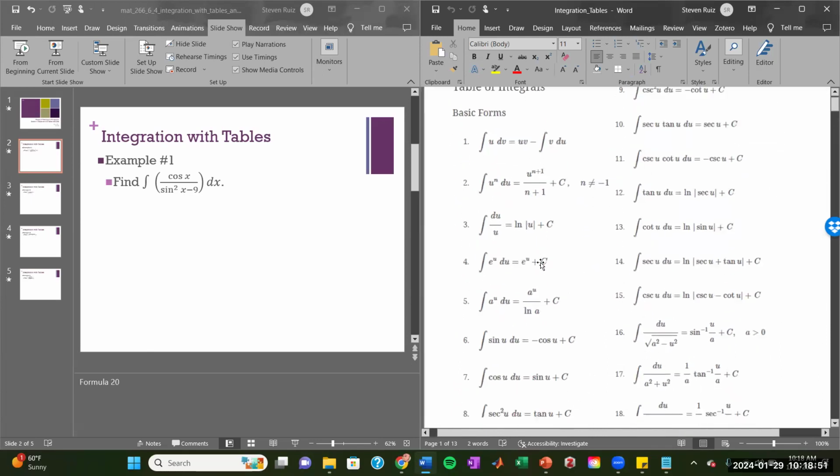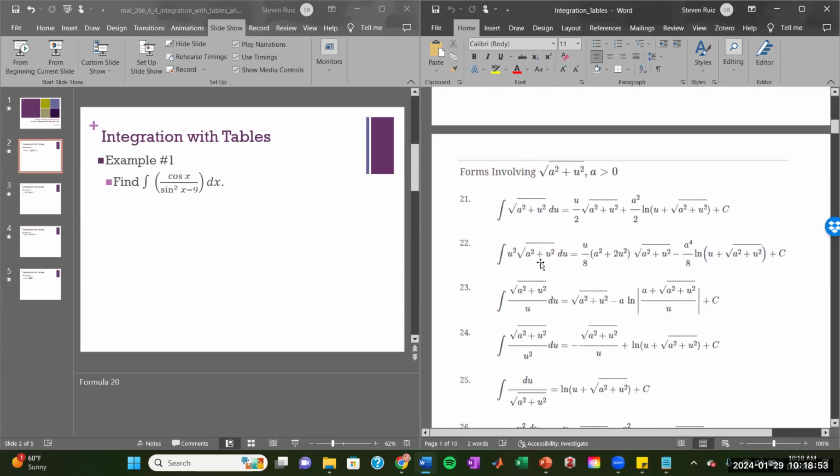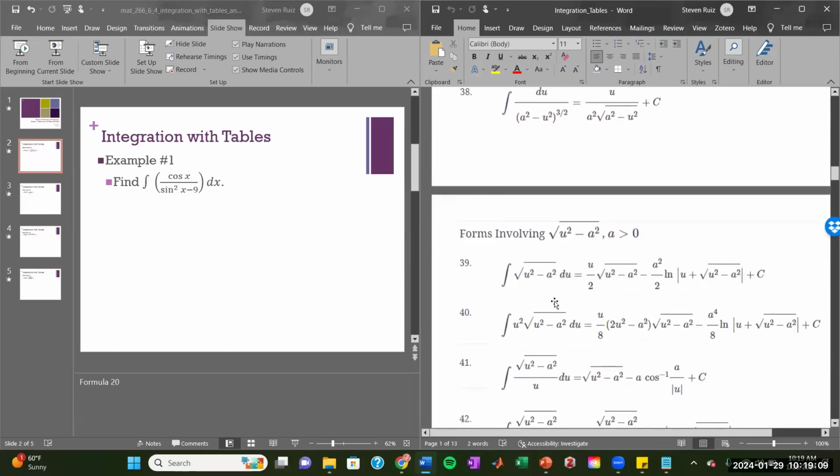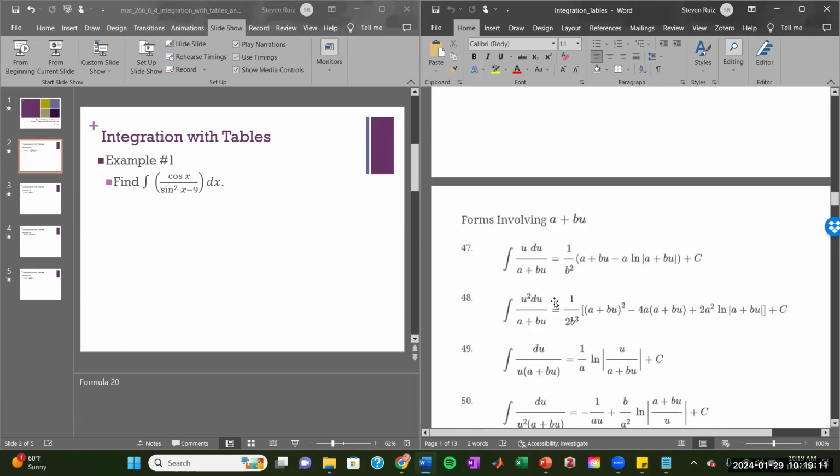This first heading is the basic forms. Then we have functions of the form radical a squared plus u squared. Is that a good place to look? It doesn't really fit what we have, right? We don't have a radical at all.